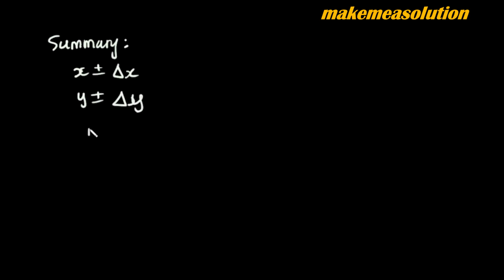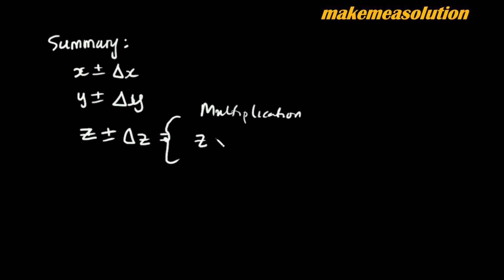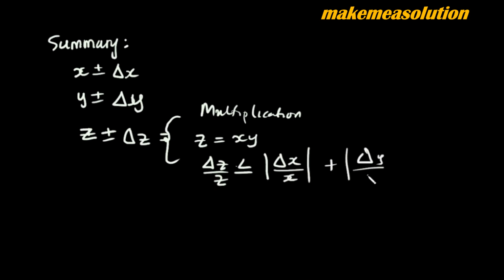So division and multiplication summary: whenever you have a quantity x plus or minus delta x and y plus or minus delta y, in the case of multiplication, our z will be equal to xy, then using my relative error, delta z over z will be less than or equal to delta x over x plus delta y over y.